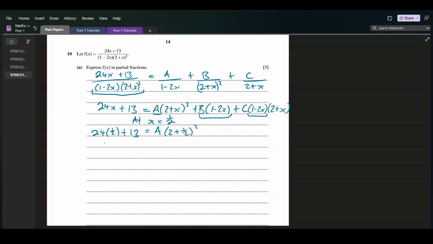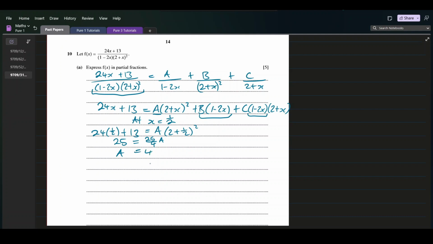So 24 times half is 12, 12 plus 13 is 25, is equal to 2 plus half, that's 5 over 2, and 5 over 2 squared is equal to 25 over 4, and that's A. So multiply both sides by 4 over 25, so you get A is equal to 4.